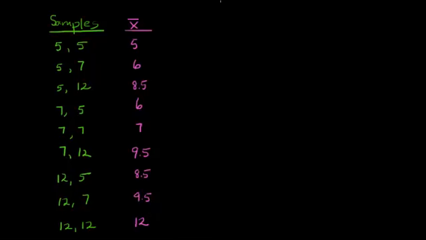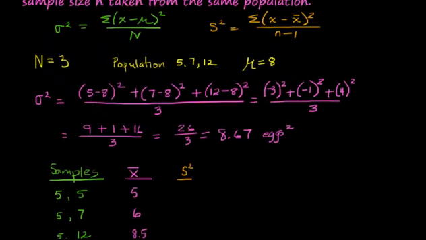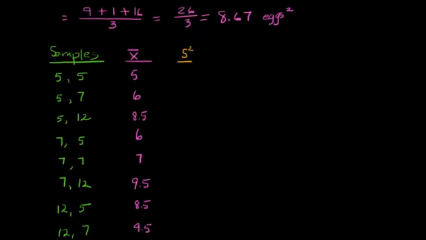Okay, now we need to calculate our sample variances, our S squared. So recall what we're going to do here. We're going to take each value in our sample, there are only 2, subtract the mean from that, sum those up, and divide by n minus 1 for each one of our samples.